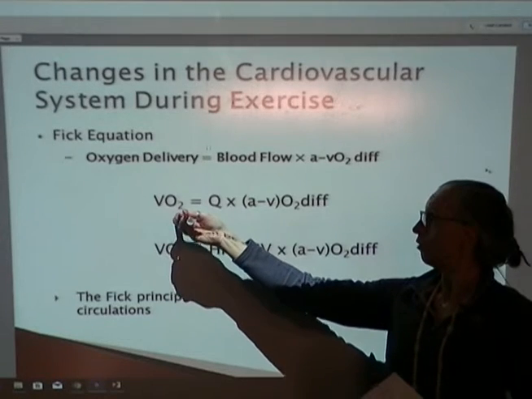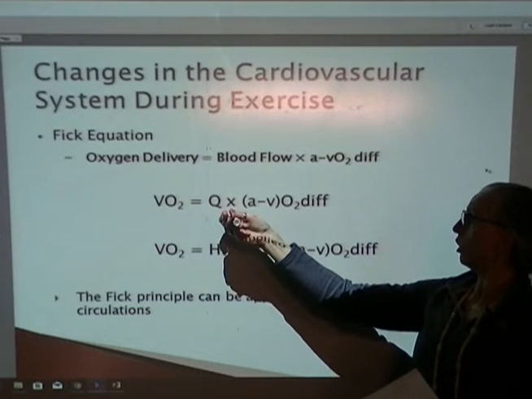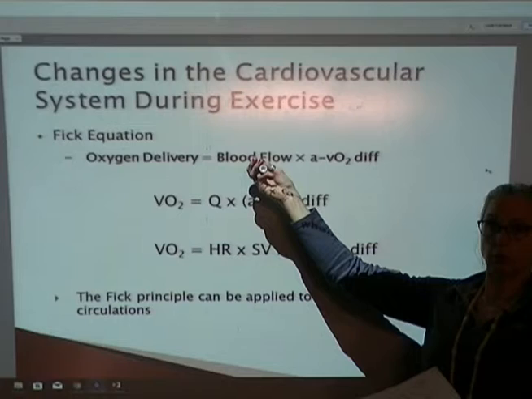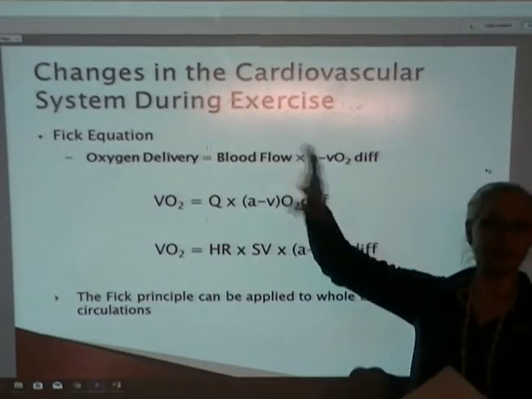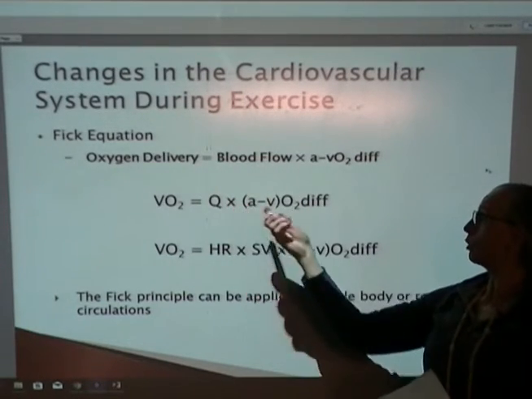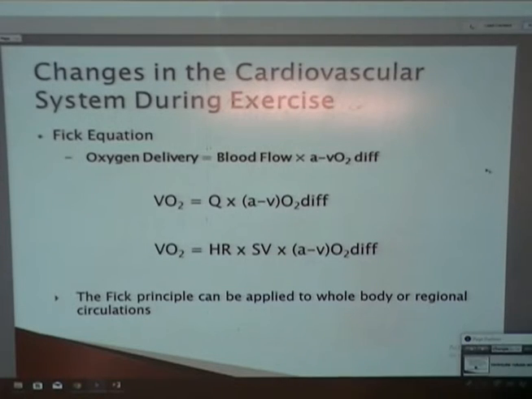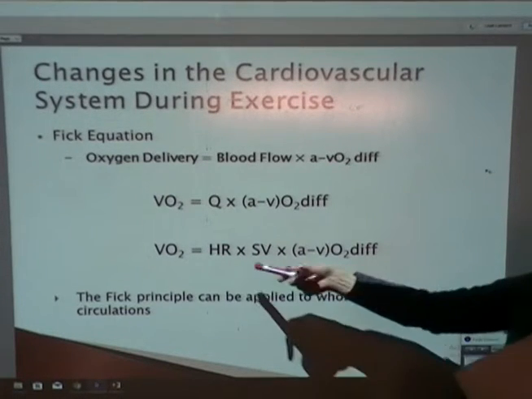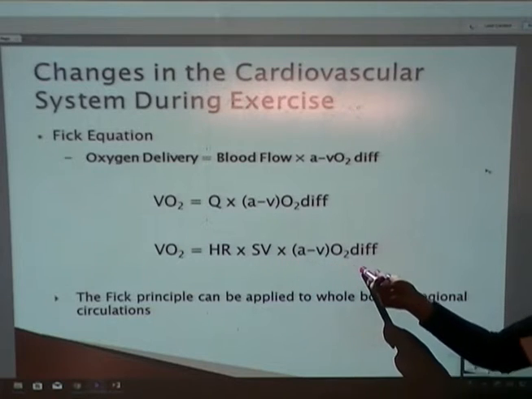Right? VO2 is Q, blood flow, how much blood is coming out, multiplied by how much oxygen is being removed. Remember that Q is heart rate times stroke volume, so we can expand it to this.